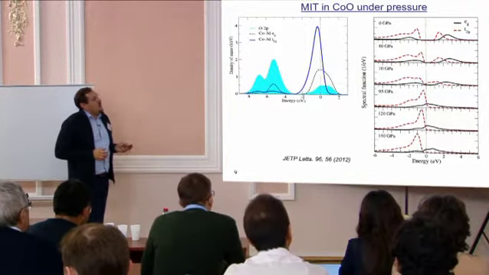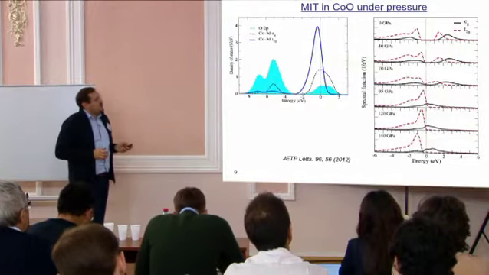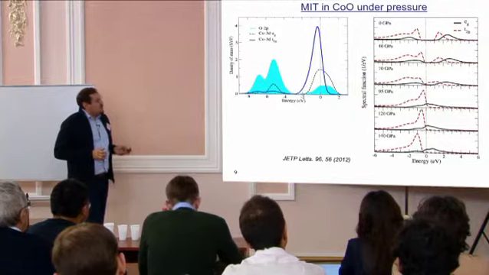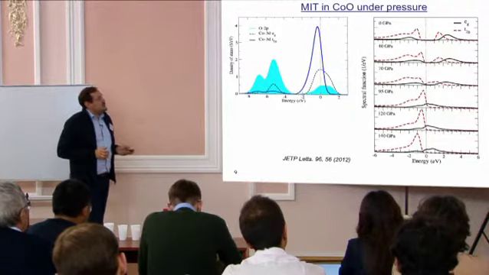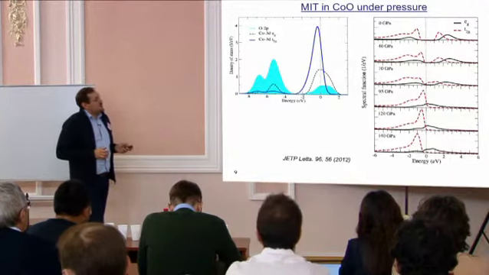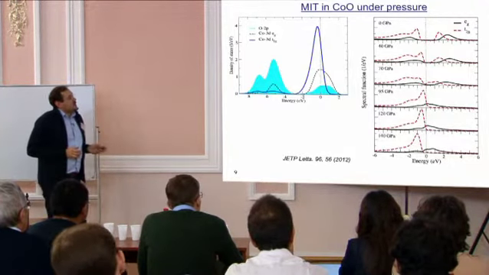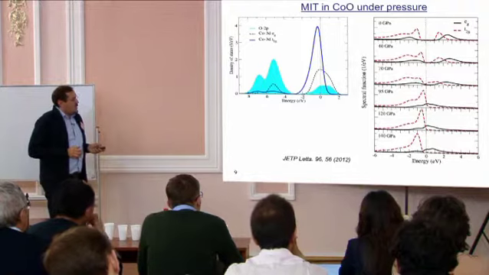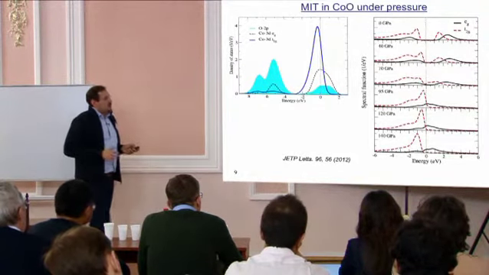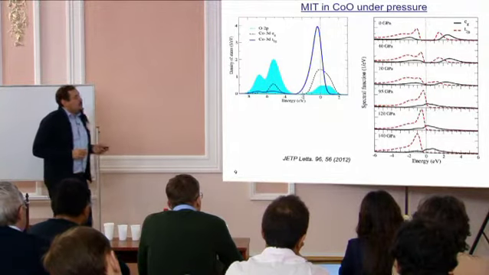And again, at ambient pressure it's a mixture that continuously goes into a metallic situation, in this pressure range approximately from 40 to 70 or maybe a bit higher GPa. It again agrees with the experimental results.